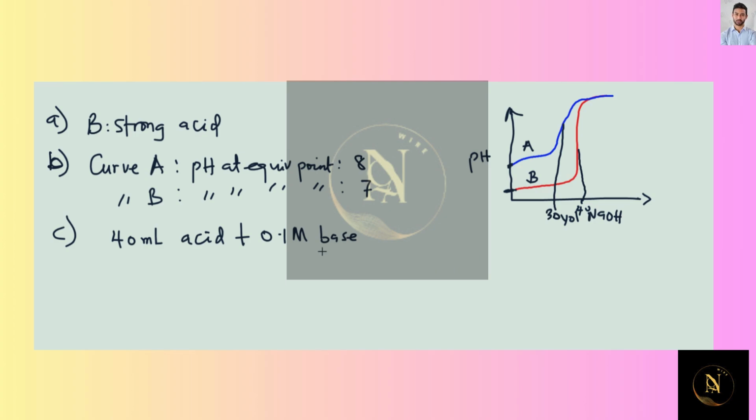That means straight away we know from this graph that for B, we're likely to have almost the same concentration as the base. So the concentration of B is likely to be equal to that of the base, right? Which is 0.100 molar.